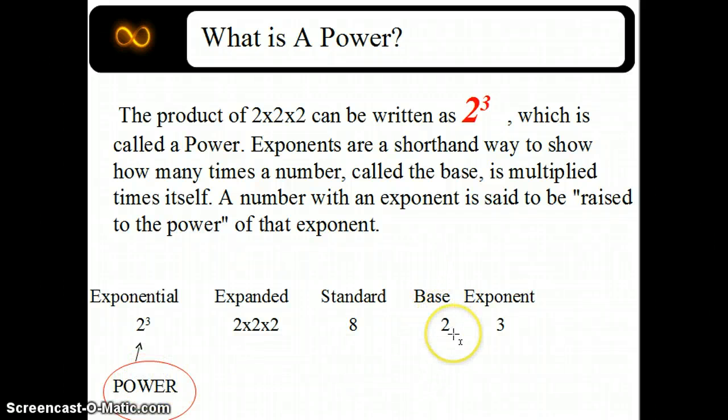The base is 2, and the exponent is 3. So again, the different forms are standard form, which is a standard answer most people give. You could answer a question in expanded form, or you can leave the question in exponential form. It all depends on what you need in the question.